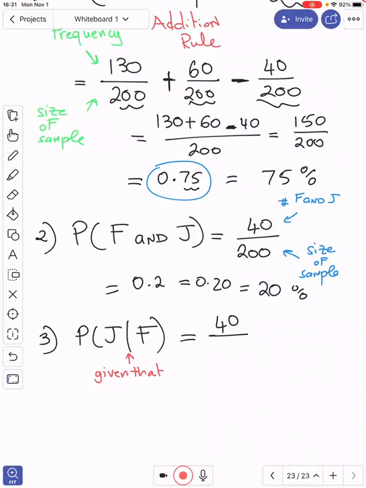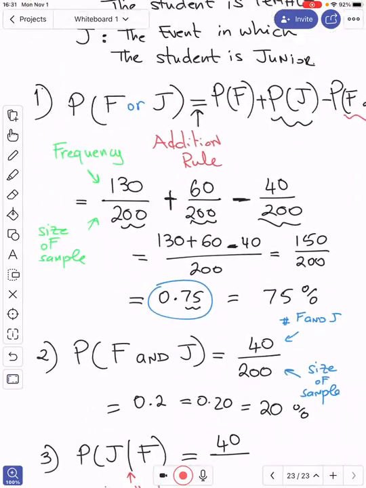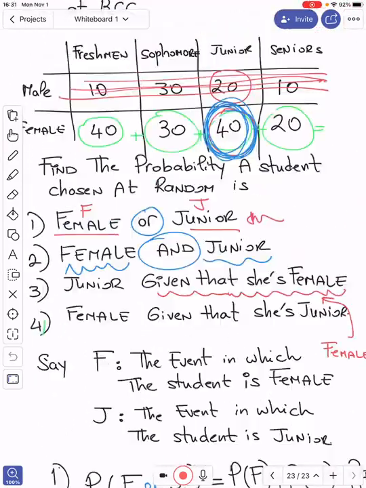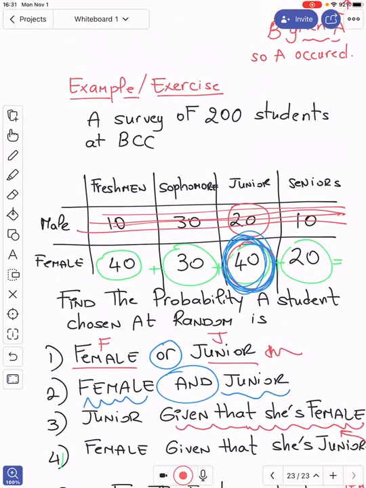Now, what's the sample in this case? Because we know that the student is a female, we can forget about the male students and are just interested in the females. So how many females in total? 130. Yes, that's the second row: 40 plus 30 plus 40 plus 20, that's 130.